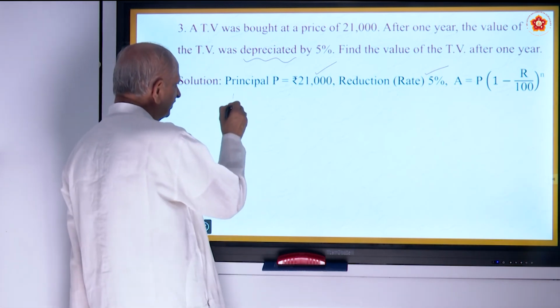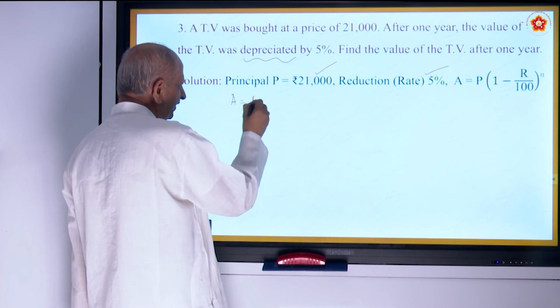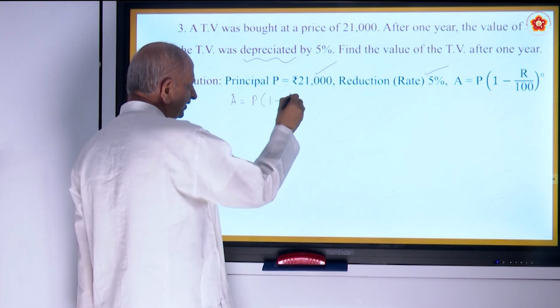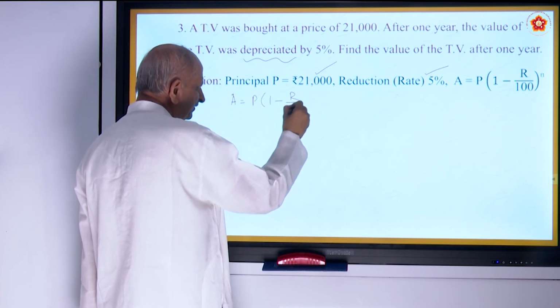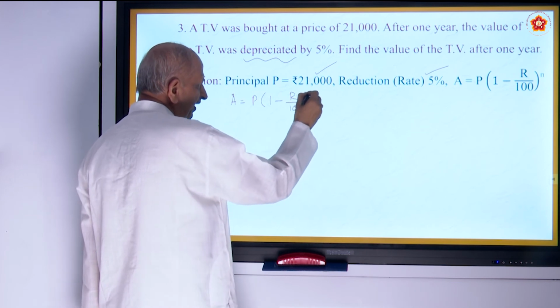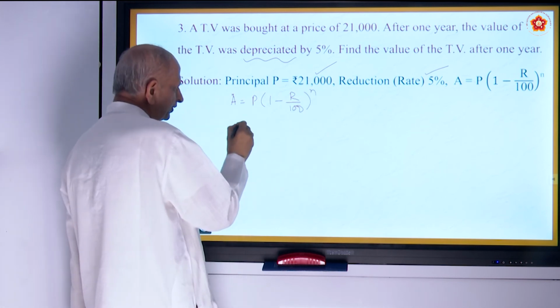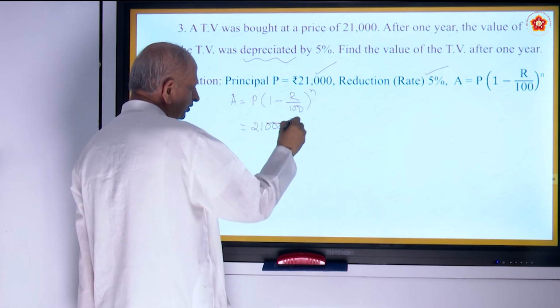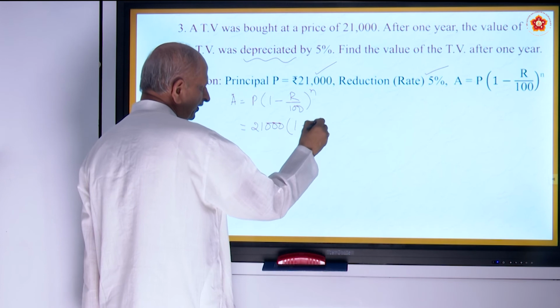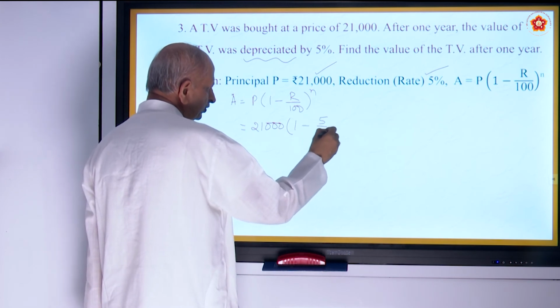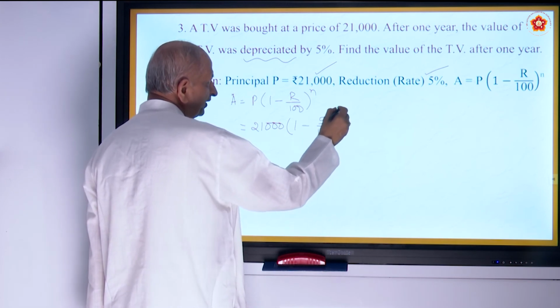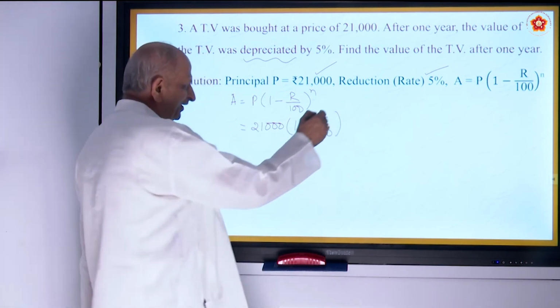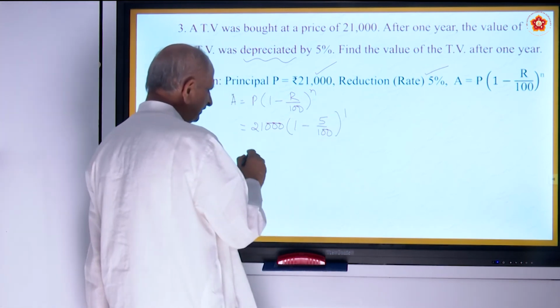So A is equal to P into 1 minus R, why minus? Depreciation. So P is 21,000 into 1 minus R, which is 5%, to the power of how many years? So N is 1, after 1 year they are telling.